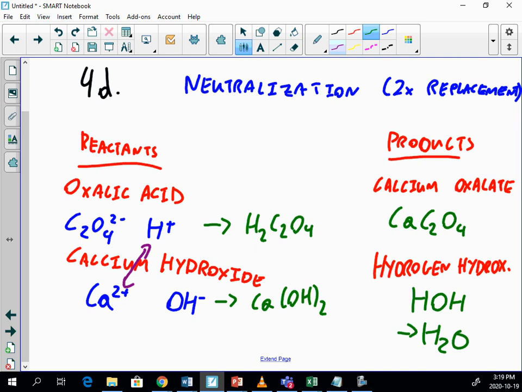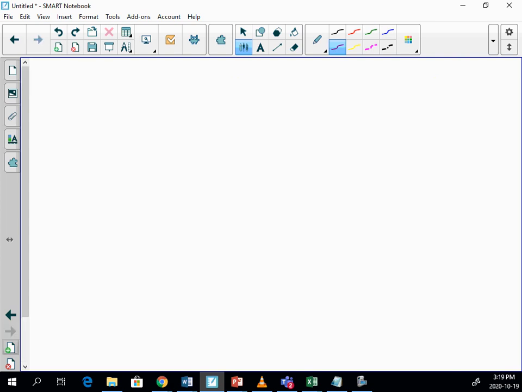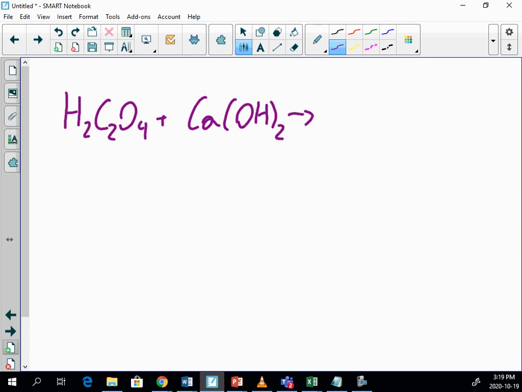Okay, so now I know all my reactants, I know all my products. I can write out my skeleton equation here. I can write that H2C2O4 reacts with CaOH2 to form CaC2O4 and H2O.